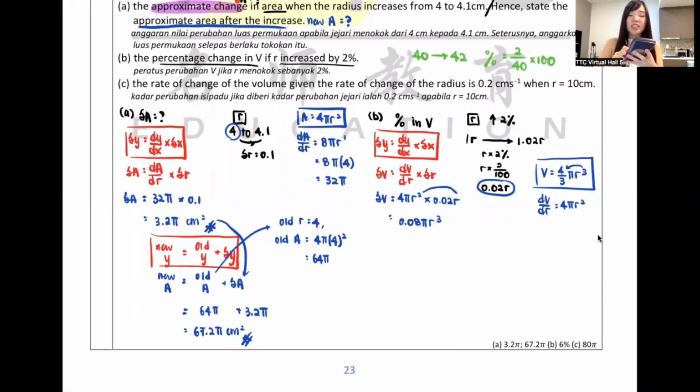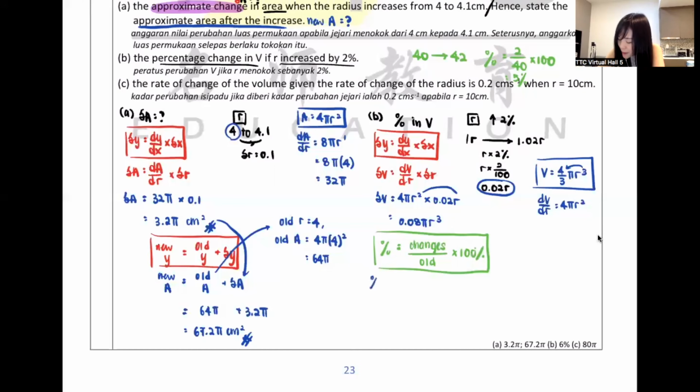Always take the changes, divide by original, times 100. Then you will know. It's 5%. So percentage, I hope you guys remember, percentage is always the changes over the old one times 100%. I hope all of you guys will remember it after today. So now you want to find the percentage change in V, right?